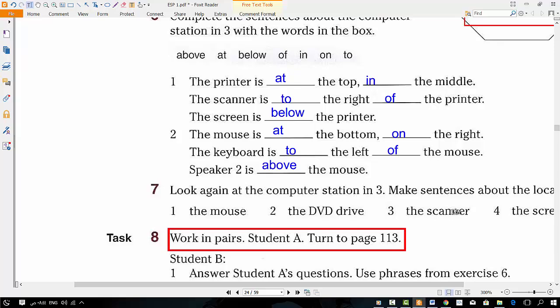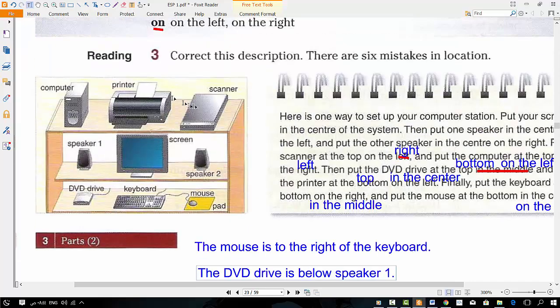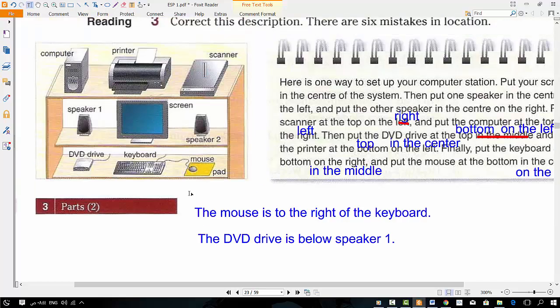3, the scanner. Okay, this is the scanner. Where is the scanner? The scanner is at the top, on the right. We can say at the top, on the right. We can say the scanner is above speaker 2.